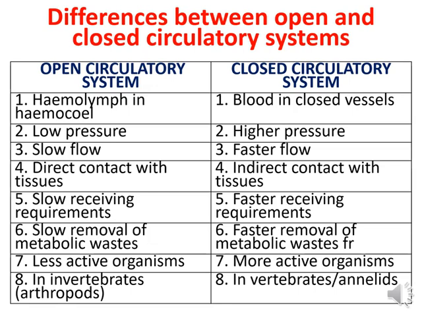Number 2, the transport fluid in open circulatory system flows under low pressure, while the transport fluid in closed circulatory system flows under higher pressure. Number 3, the transport fluid flows slowly in open circulatory system, while in closed circulatory system the blood flows faster.